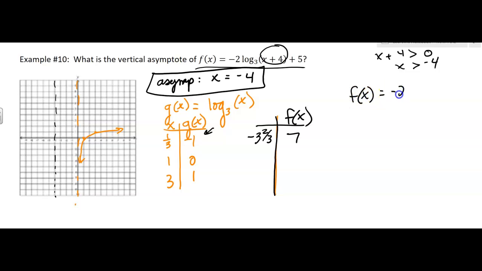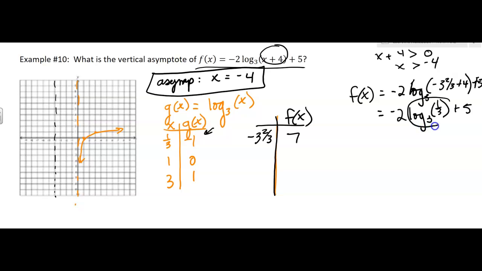I don't know if you can follow that, but I'll just write this one out. Remember, this is kind of all extra work. It wasn't really part of this problem. They don't even give you a picture in the book. But I'll show you this one, how it's working. So if I put it in the function, I get negative 2 log base 3 of 1/3 plus 5.